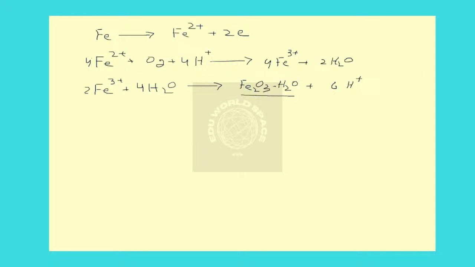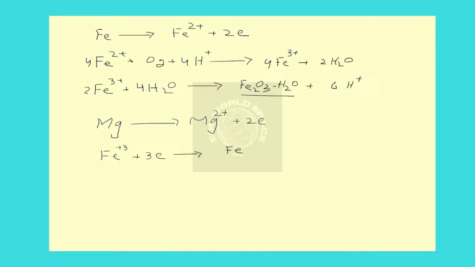In case magnesium is present, the oxidation potential of magnesium is higher than that of iron, so magnesium is oxidized to magnesium ion and releases 2 electrons. The electrons released by the magnesium keep the Fe3 plus ion in the reduced form, that is iron.